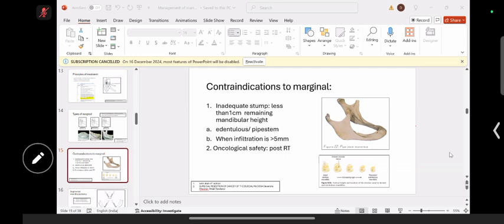And the second point is whether the disease is so extensive that it might recur. If we feel on the table that it is an extensive disease and there is a high chance of recurrence, then we are losing an option of the fibula by reconstructing in the primary setting.